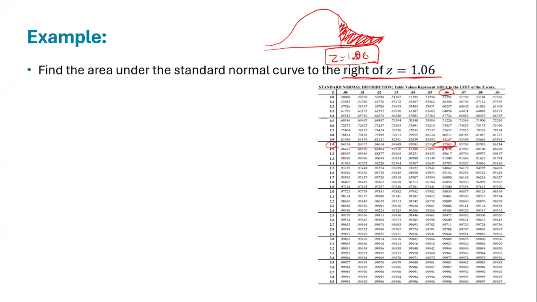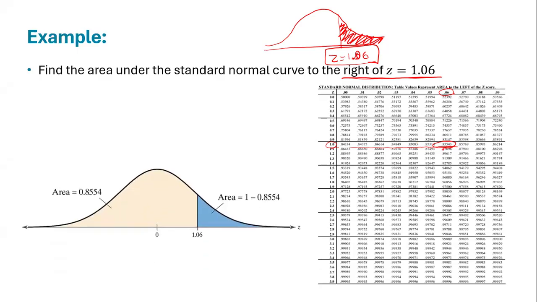But this number is the area to the left, and I want to find the area to the right. So what do we do? We subtract this number from 1. Because this number, 0.8554, is the area to the left, if you are looking for the area to the right, you need to subtract it from 1.